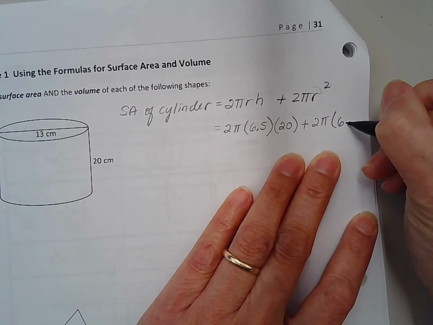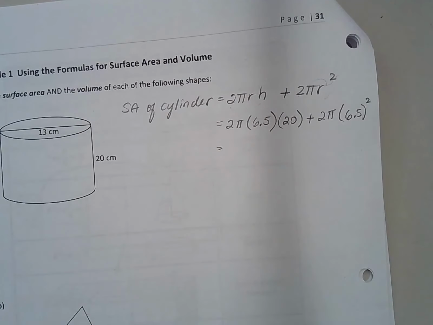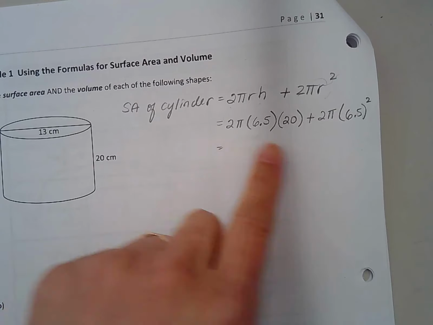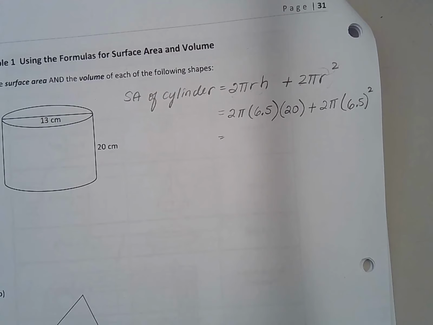Again, 6.5 squared. So this kind of question would probably be worth 2 marks, 1 mark for appropriately substituting and using the right formula, and then second mark is for calculation.